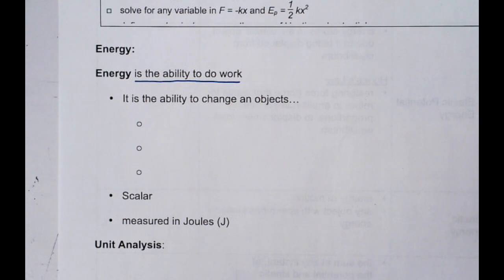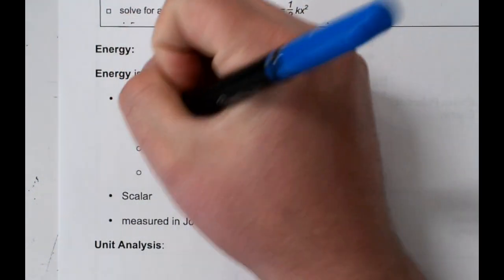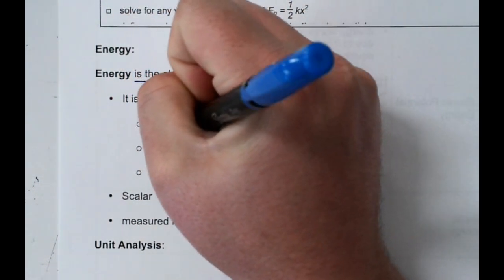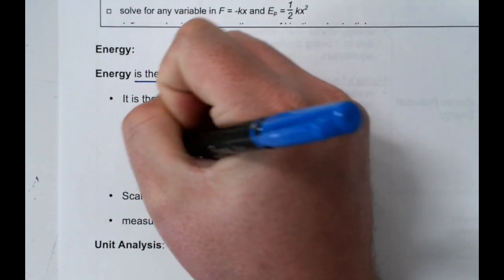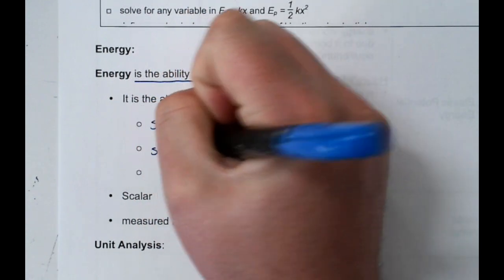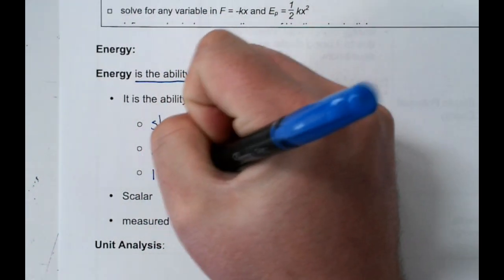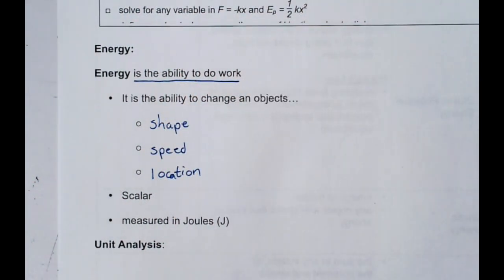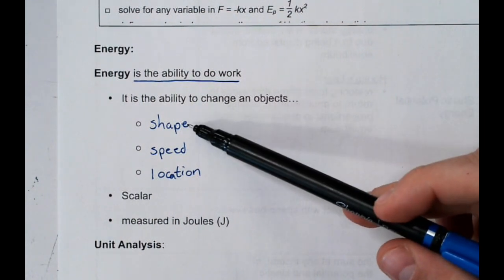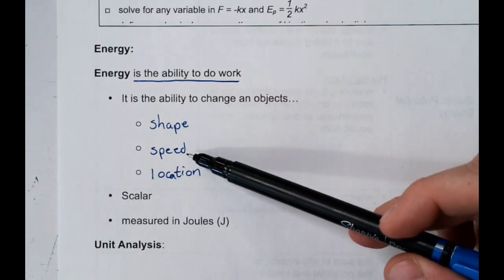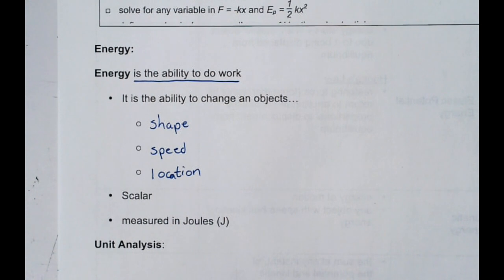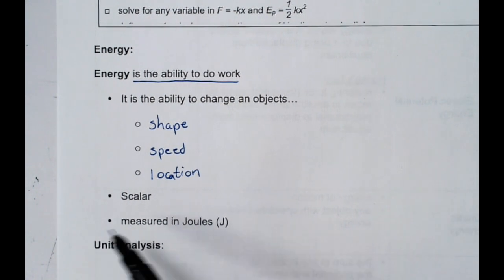Energy has the ability to change an object's shape, its speed, or its location. Again, if it changes its shape, if it makes it move at all, or if it changes where it is. Energy is also a scalar value, so direction is not going to be important to us.